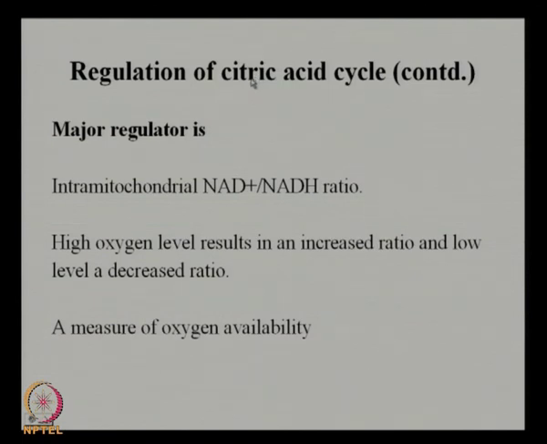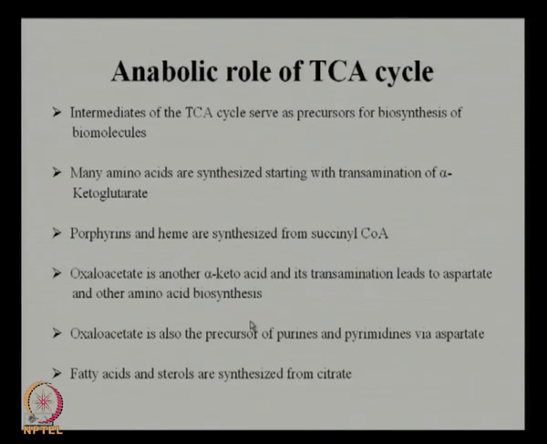When we talk about regulation, the intramitochondrial NAD/NADH ratio, where a high oxygen level results in an increased ratio and low levels of oxygen result in a decreased ratio, is a measure of oxygen availability and plays a major regulatory role in the citric acid cycle.